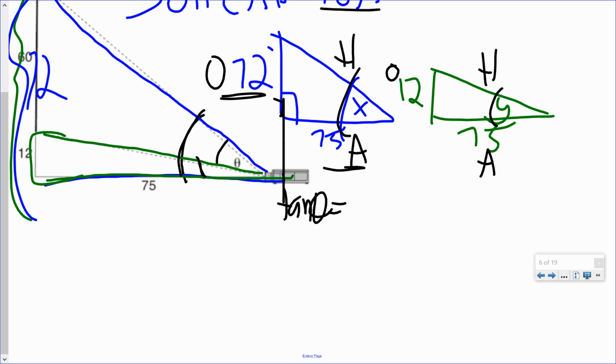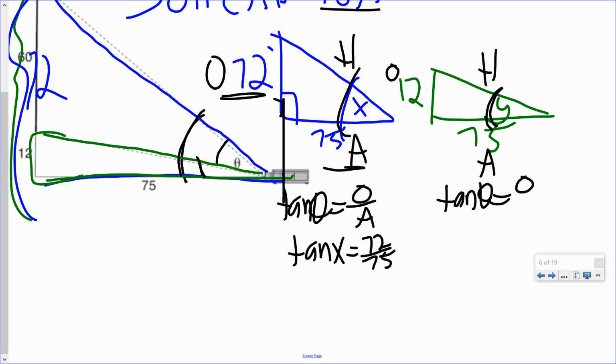Tan theta equals O over A. Tan x equals 72 over 75. I'm also going to set this one up at this point. So again, tan theta equals O over A. Tan y equals 12 over 75.